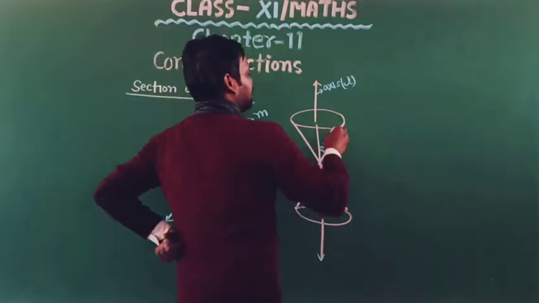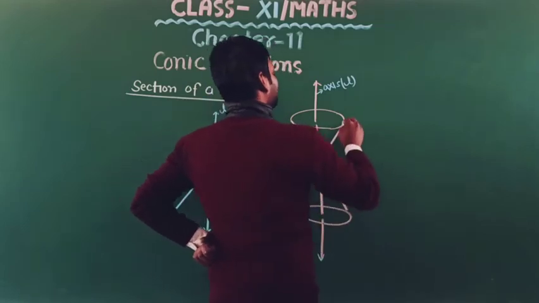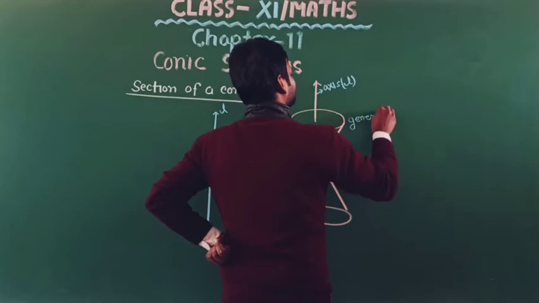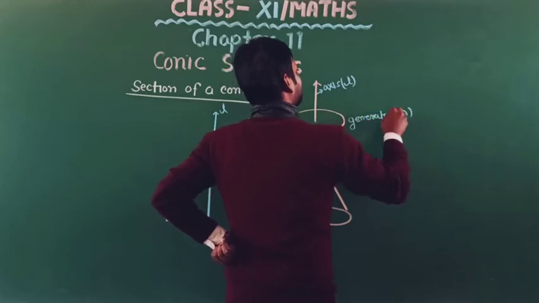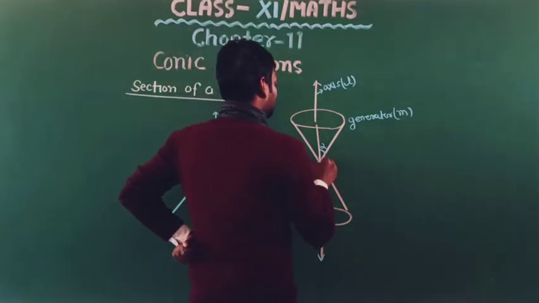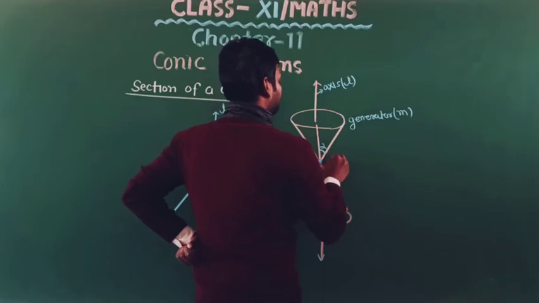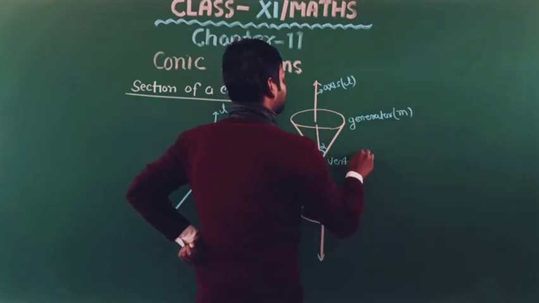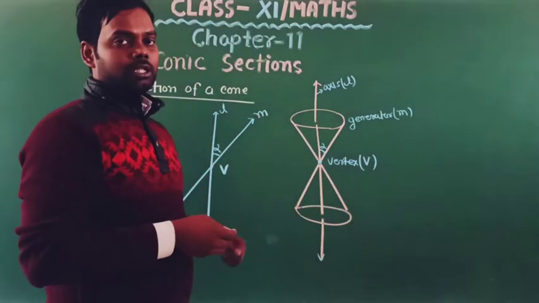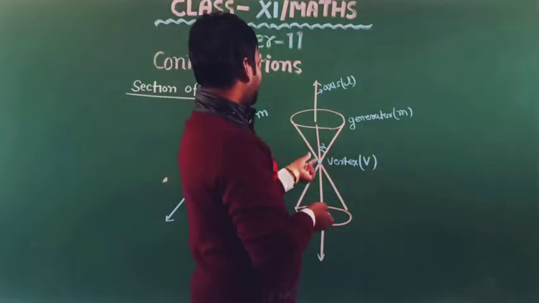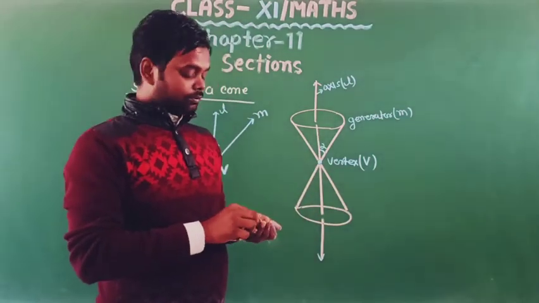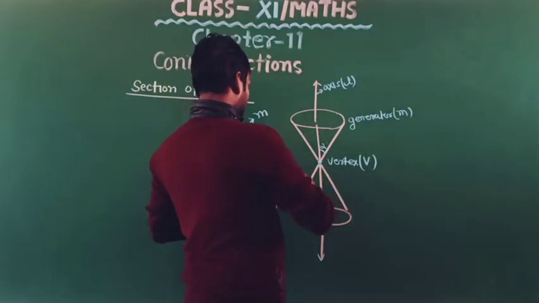The slant line M is called the generator of the cone, and the intersecting point B is called the vertex. These two surfaces of the cone are called napes.